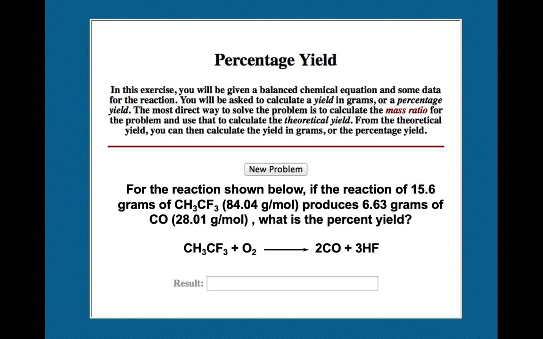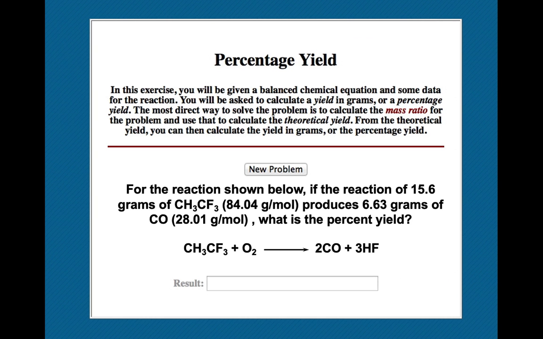It's actually not that difficult, even though some of the problems really do get strange. But here's a mass, here's a molar mass. That gives us moles, right? Here's a mass, here's a molar mass. That's moles. All you have to do is adjust for the stoichiometry.